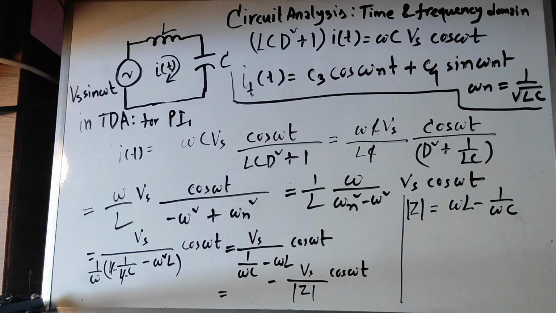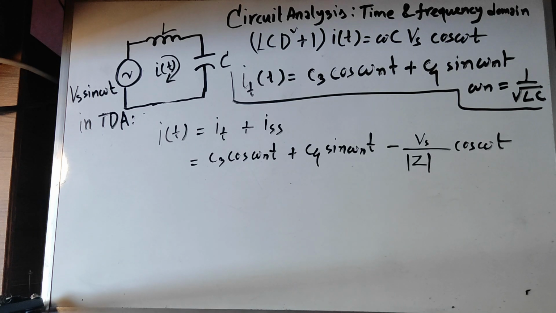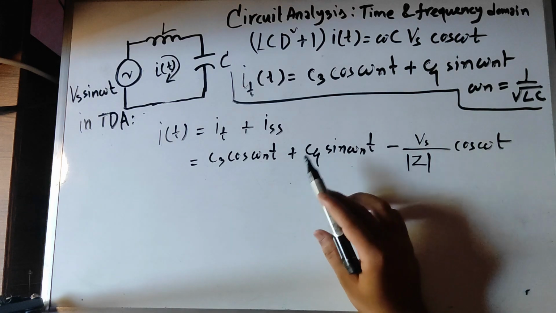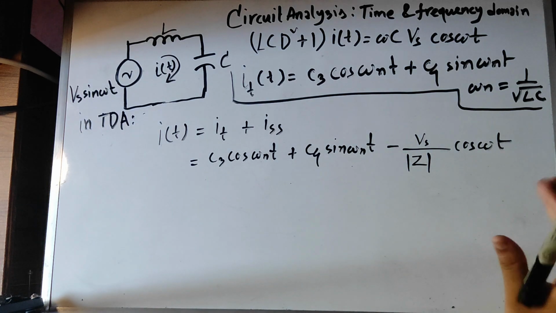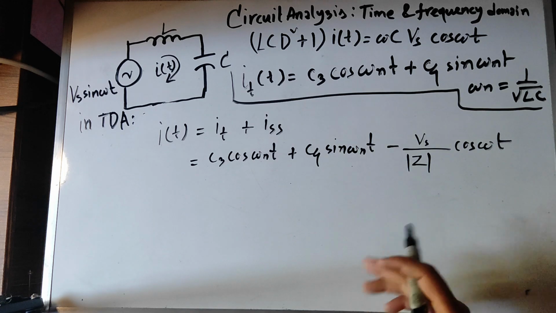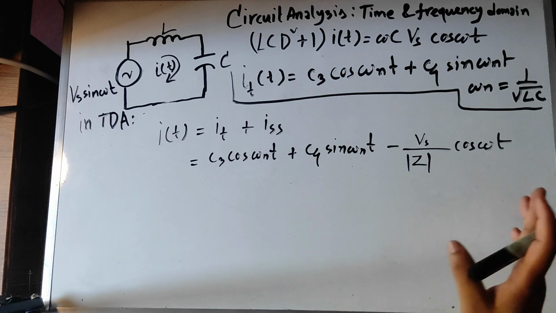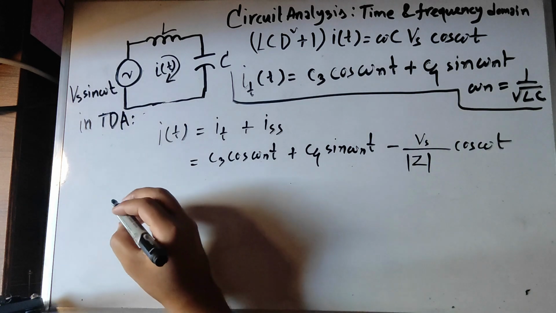Now if we derive the full complete response of the circuit, this is our full complete response of the LC circuit to sinusoidal input. Now we have to find the arbitrary constants. So assume that the initial current through the inductor is I0.